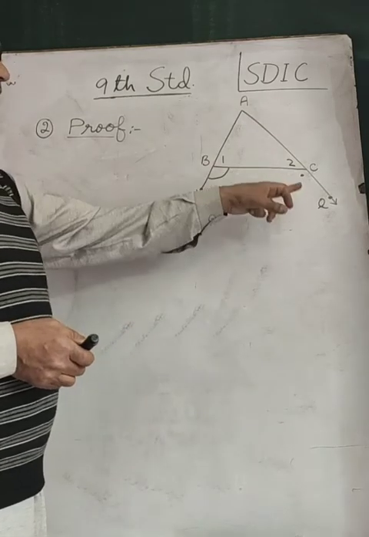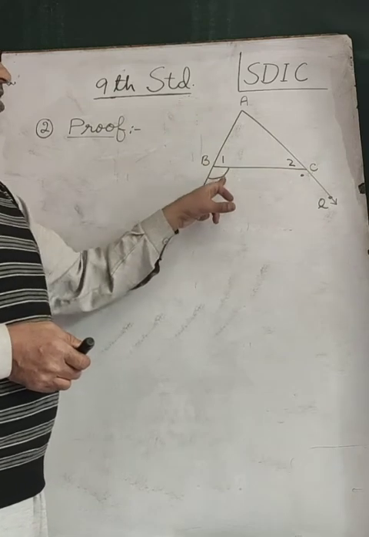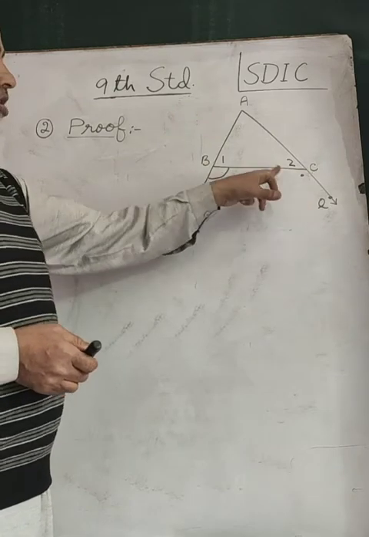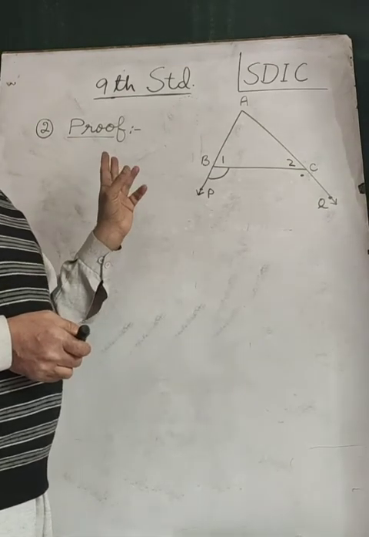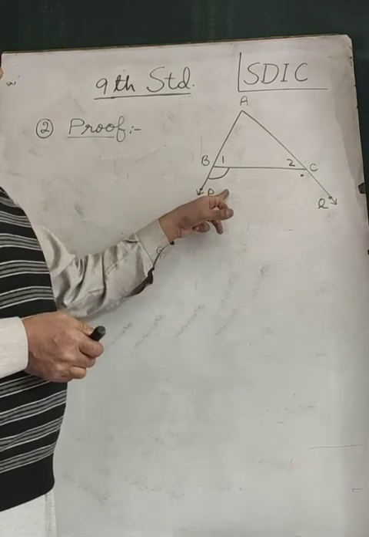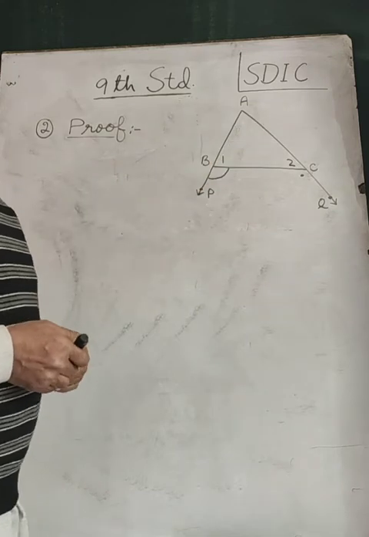We have two exterior angles in the figure. Angle PBC is an exterior angle. Angle QCB also is an exterior angle. That theorem says, as we proved there, that an exterior angle is equal to the sum of two interior opposite angles.